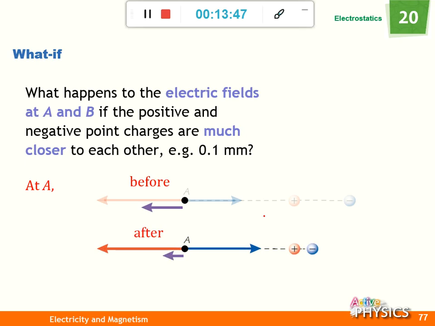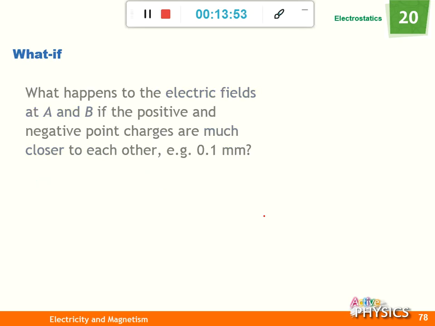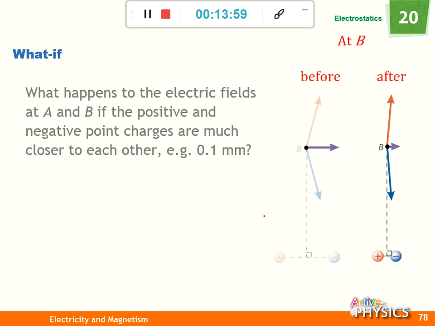When you add them together, the resultant E field will be less than before. How about this case? Coming closer will be like that. Then in the graphical method, you can see that the resultant, meaning the length of the diagonal, will be smaller than the previous one.